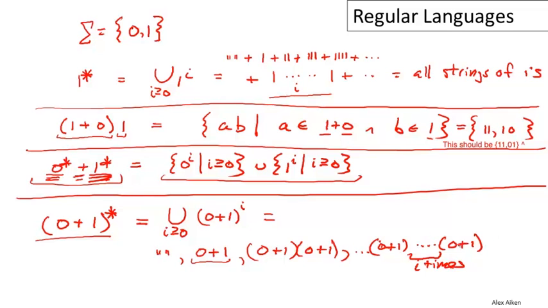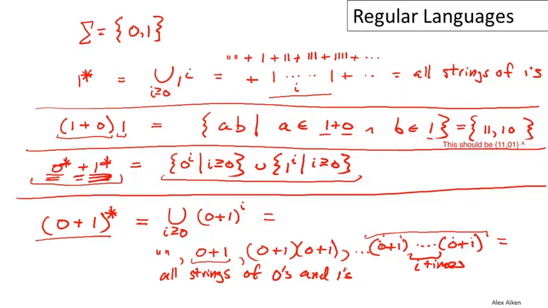Well, what does that mean? That means that at every position, if we have a string of length i, at every position we can pick a 0 or a 1 to plug in. And this works for any length string. This is going to be true of strings of every length. And so in fact, this language is just going to be all strings of zeros and ones.